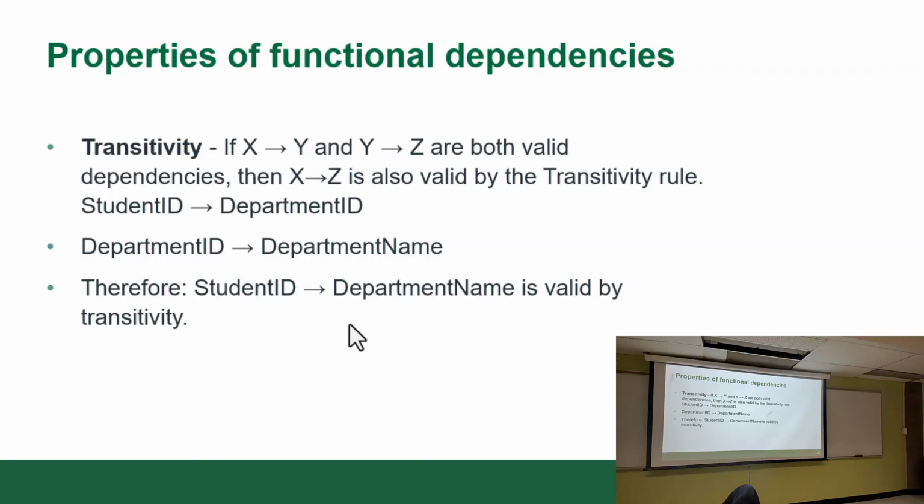If X determines Y and Y determines Z, therefore X determines Z. That one's actually probably the easiest of the three to understand. So student ID determines department ID, department ID determines department name, therefore student ID determines department name.